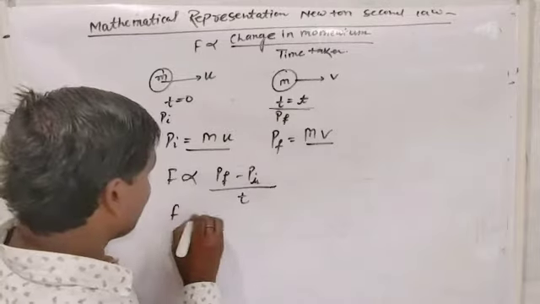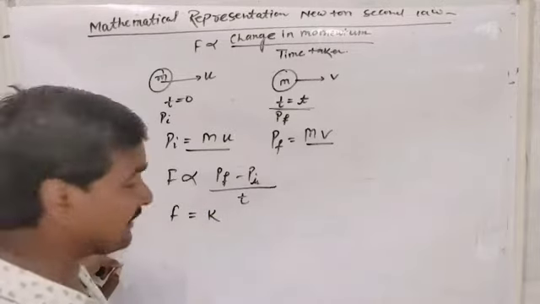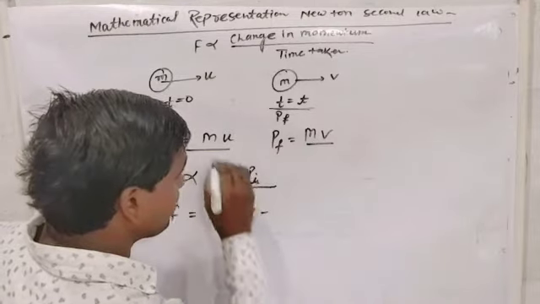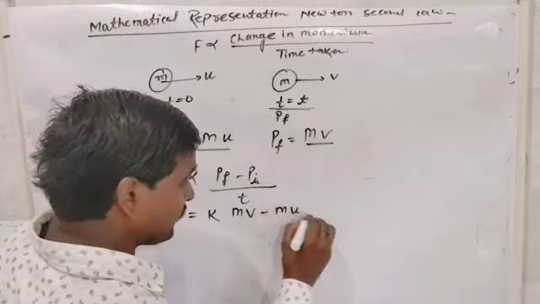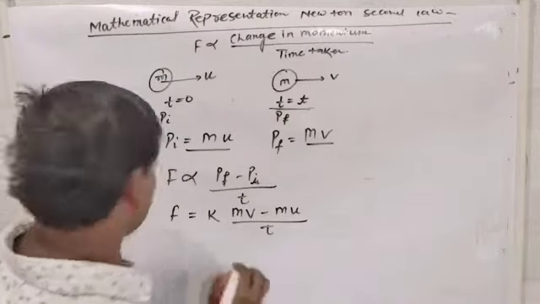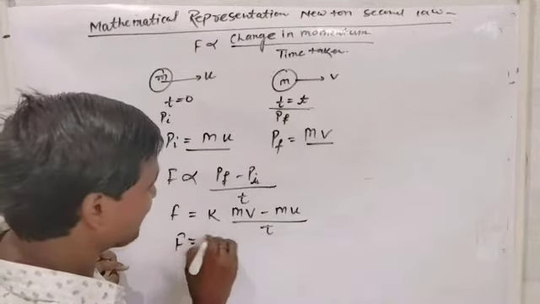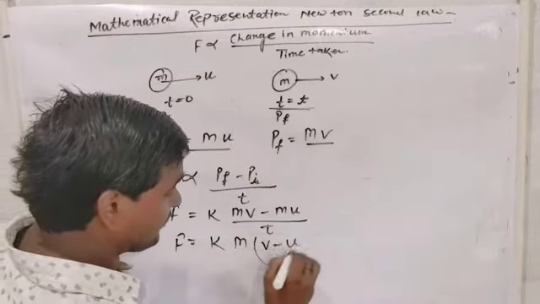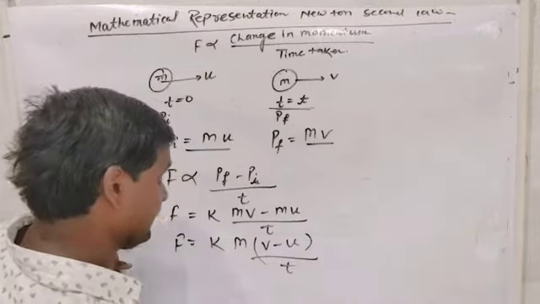So F is equal to k, the proportionality constant, into m v minus m u upon t. Then F is equal to k m, with m common, into v minus u upon t.